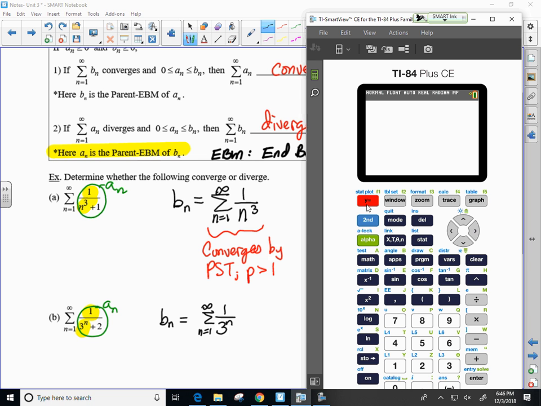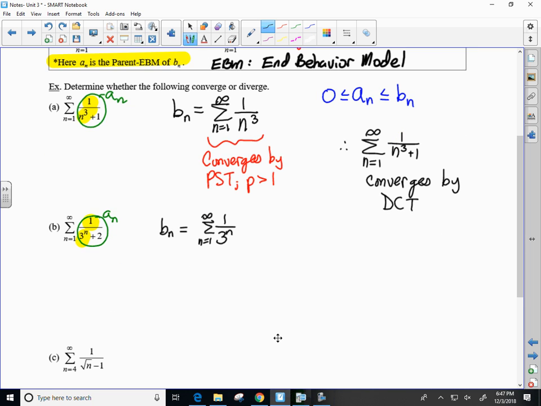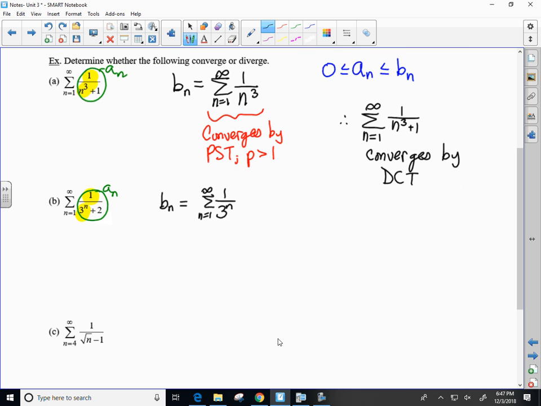So 1/3 to the x is my blue, and the red is the 1/3 to the x plus 2. All right, so it looks like blue is bigger than red. Okay, that's pretty consistent. So you can do it that way. It's really up to you.